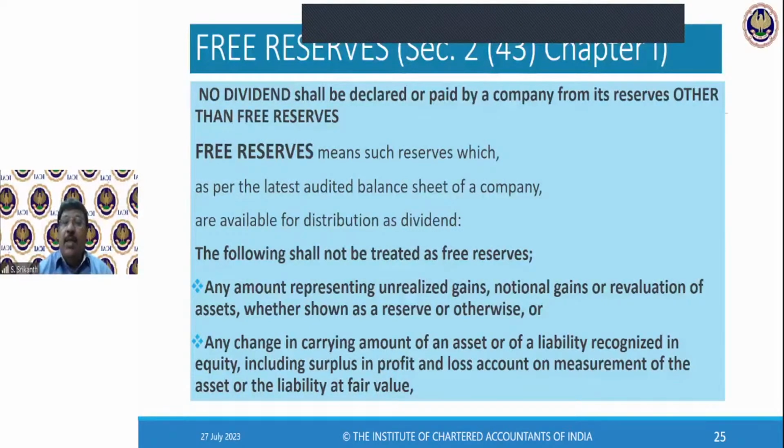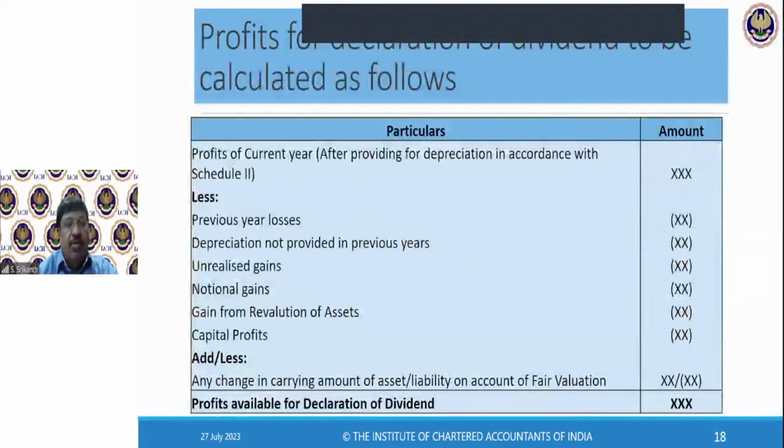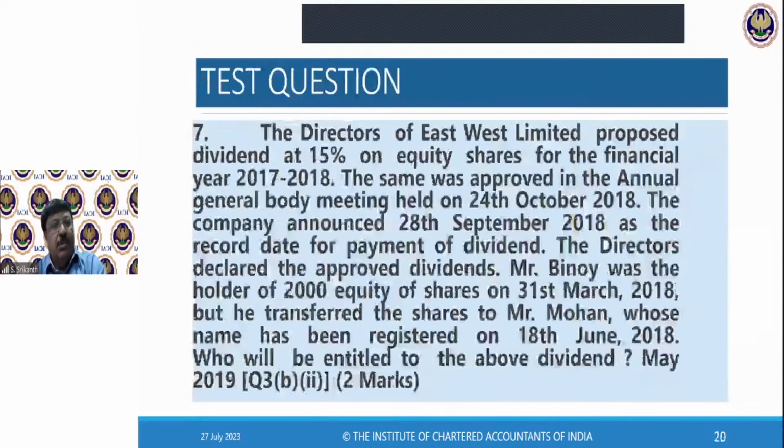In which case, the actual cost may be less or more. So there may be a loss or profit on that account. That loss or profit, if it's going to the P&L account, if it is a profit, then you cannot use it for declaring dividend. That's why, at the time of computation itself, we removed it. Okay, the last item, add or less.